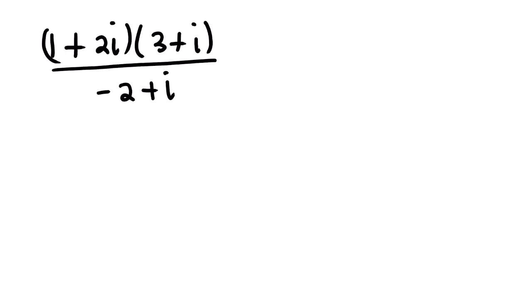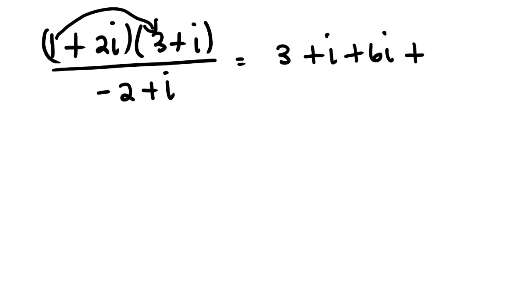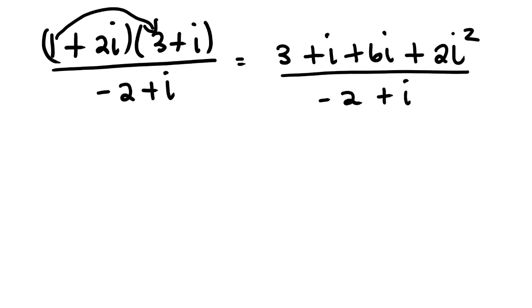The first thing that we need to do, we need to get rid of the brackets. So we start by distributing 1 multiplied by 3. We are going to have 3, 1 and i, we have i. 2i multiplied by 3, we have 6i. 2i multiplied by i, we have 2i squared, all over negative 2 plus i.